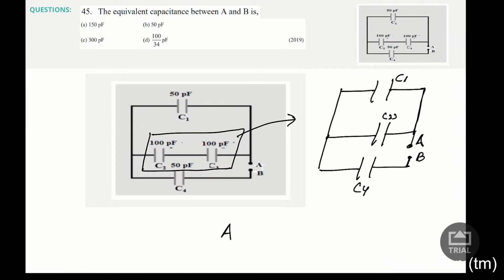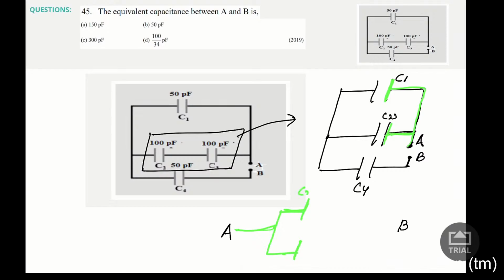Now what do you do? Bring A one side, B one side. So let's say from A part, take a different color. One part is going to the C23. From A, one is going to C23. Correct? And from that A part, one is going to C1. Clear?